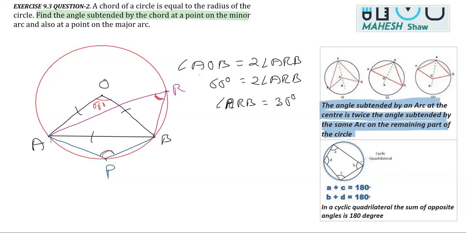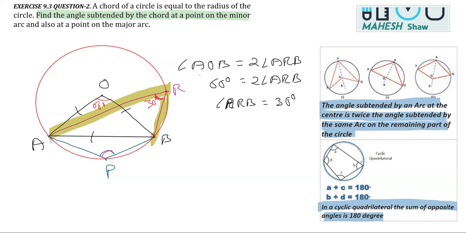Now once we get the value of this angle, which is 30, we can use another property called opposite angles of a cyclic quadrilateral are supplementary. As you can see from the figure, this figure A, R, B, P, and A means this is forming a cyclic quadrilateral.